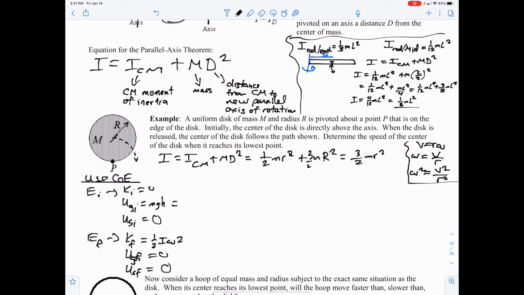Okay, the initial potential energy would be mg, and the height that it falls would be r plus r, or 2r, or 2mgr. Energy initial equals energy final. That would be 2mgr equals 1/2 I omega squared.